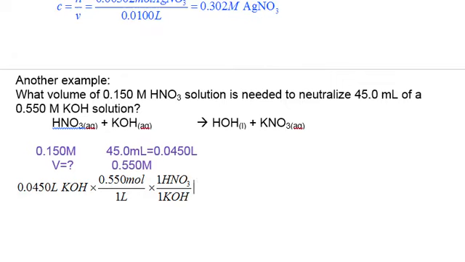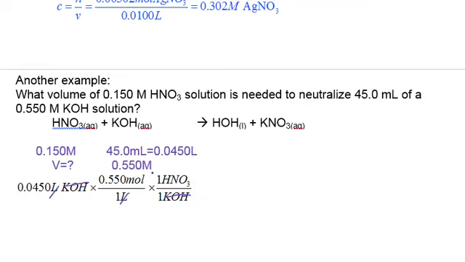And then this time we want to know volume. So if we've got concentration, remember these units that are things like grams per mole or moles per liter, we can flip them upside down if we need to. So in this case, looking at what units we have and where we want to be, we've canceled out our liters. We've canceled out KOH. So now we're at moles and we want to be at volume.